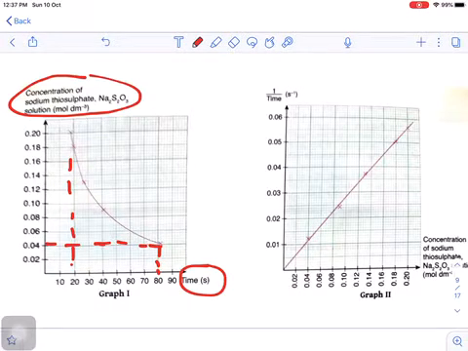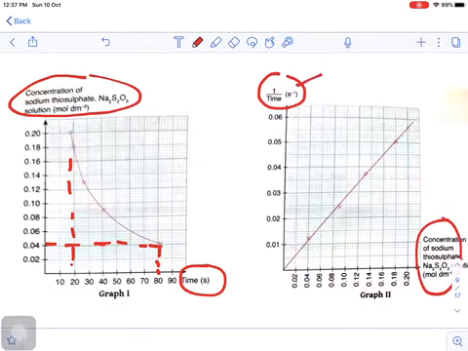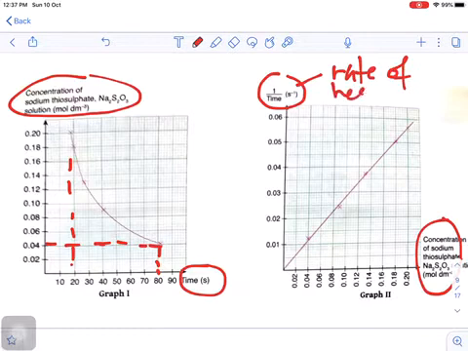Then we change to the graph of 1 over time against concentration. 1 over time is the rate of reaction. From this graph, you can get the rate of reaction for every concentration of sodium thiosulfate.